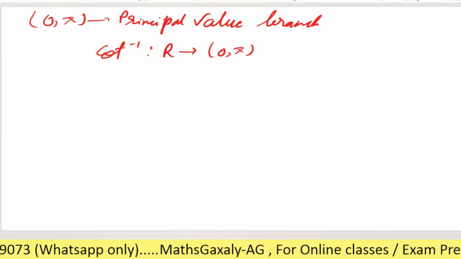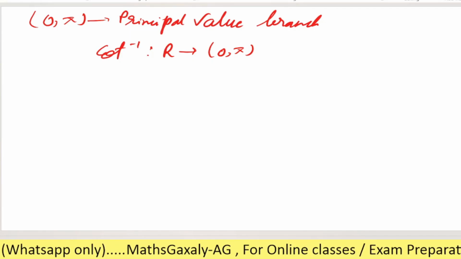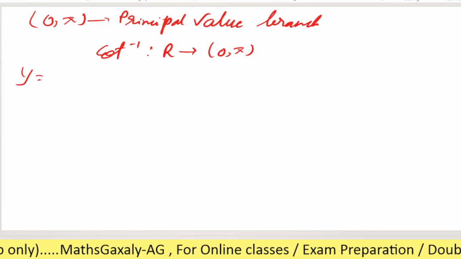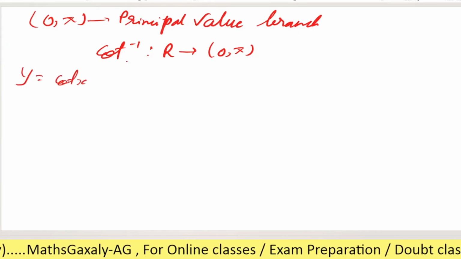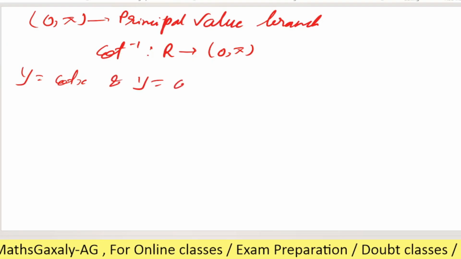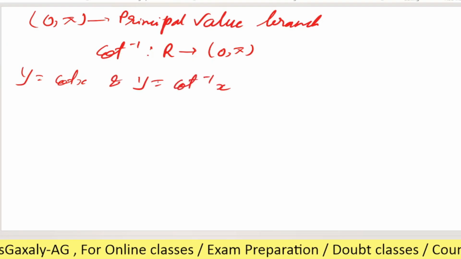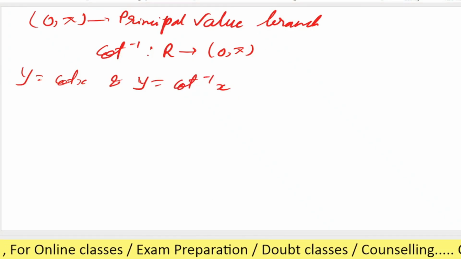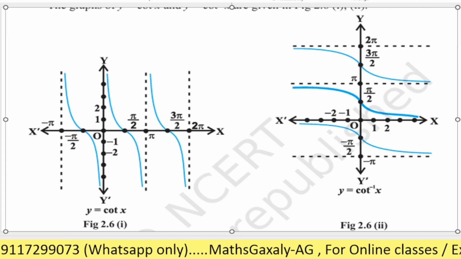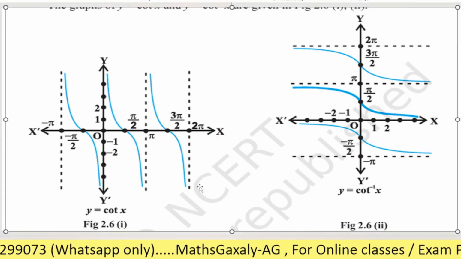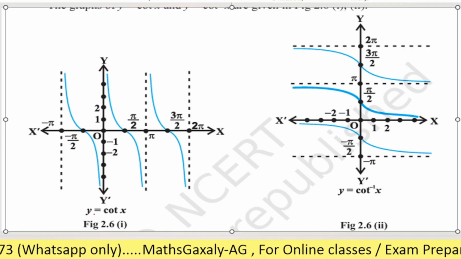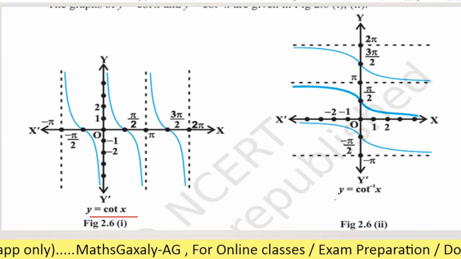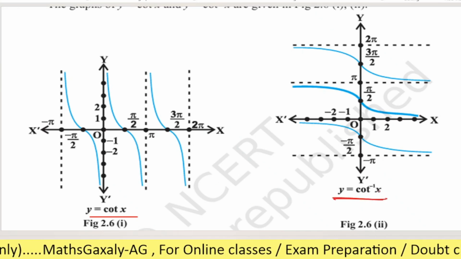So now we will see the graphs for y equal to cot x and y equal to cot inverse x. See here. The first one is the graph for y equal to cot x, and this is the graph for y equal to cot inverse x.